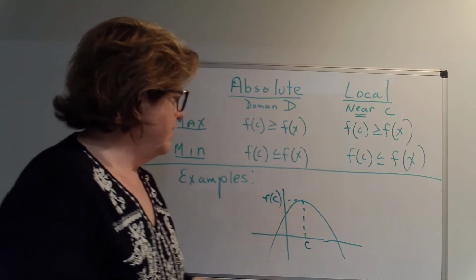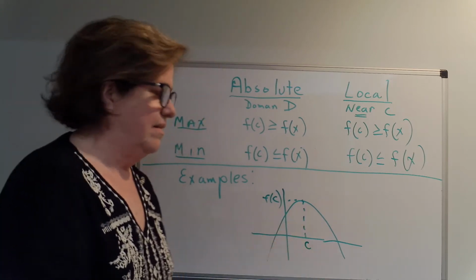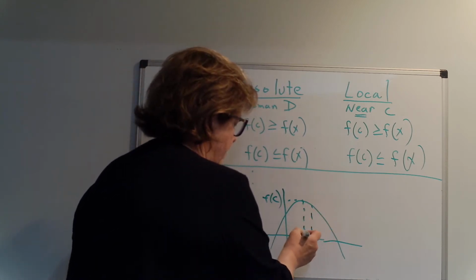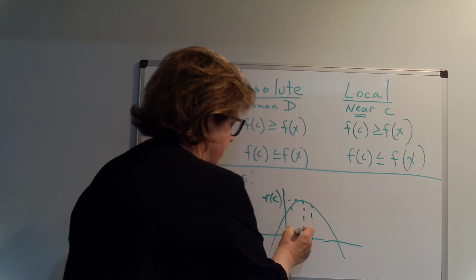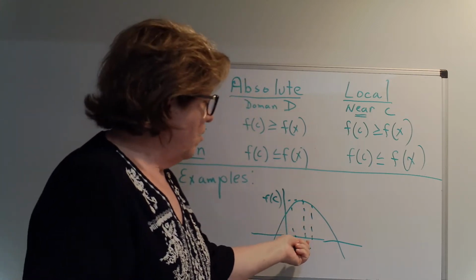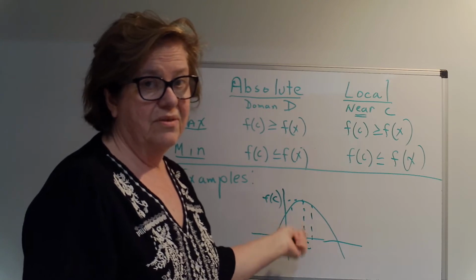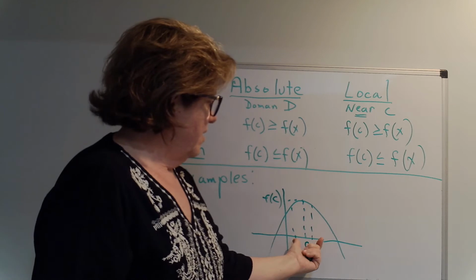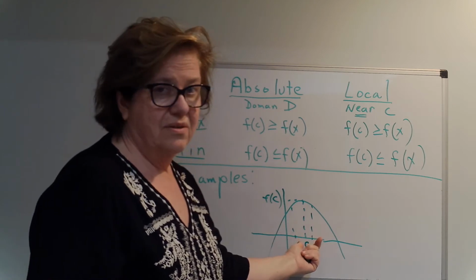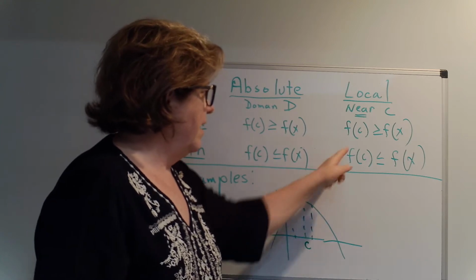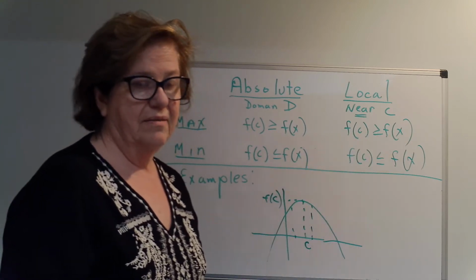Because if we think about values near C, like values over here, or values over here, if we identify some open interval around C, so we're talking about both sides, if we get close to C, no matter what x we pick, f at C is going to be bigger than that.